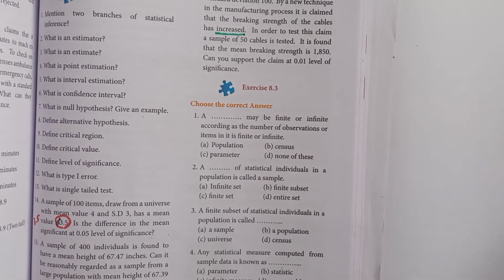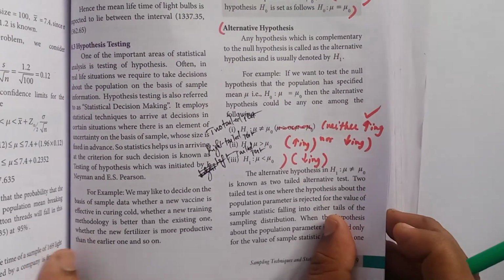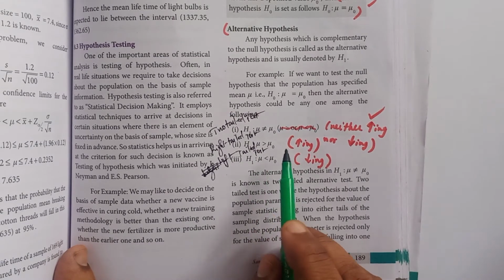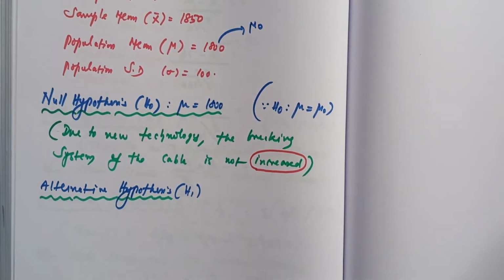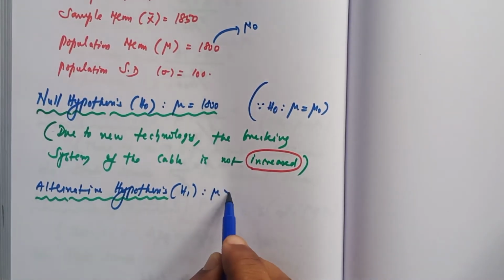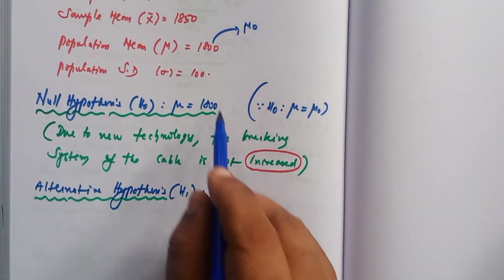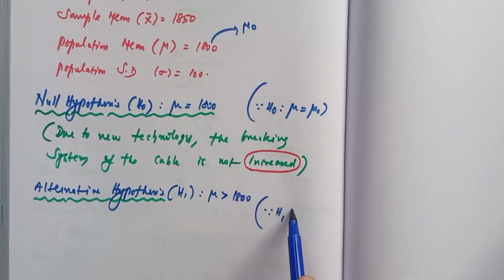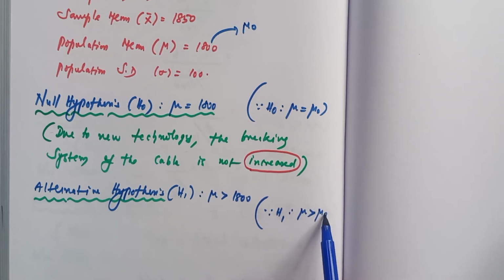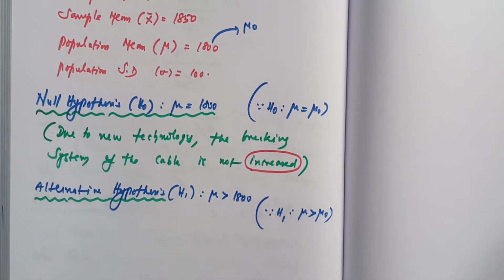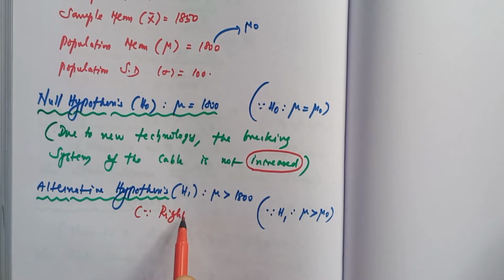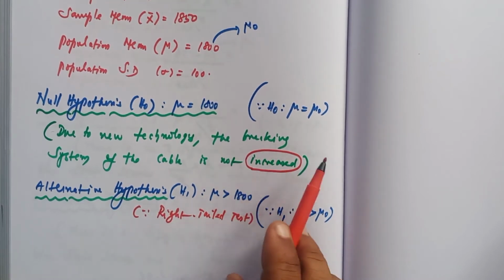Since the word increased is given, for increasing you have to consider H1: mu is greater than mu naught, where mu naught is 1800. Since H1 is mu greater than mu naught, it is a right-tailed test, because of the word increased.